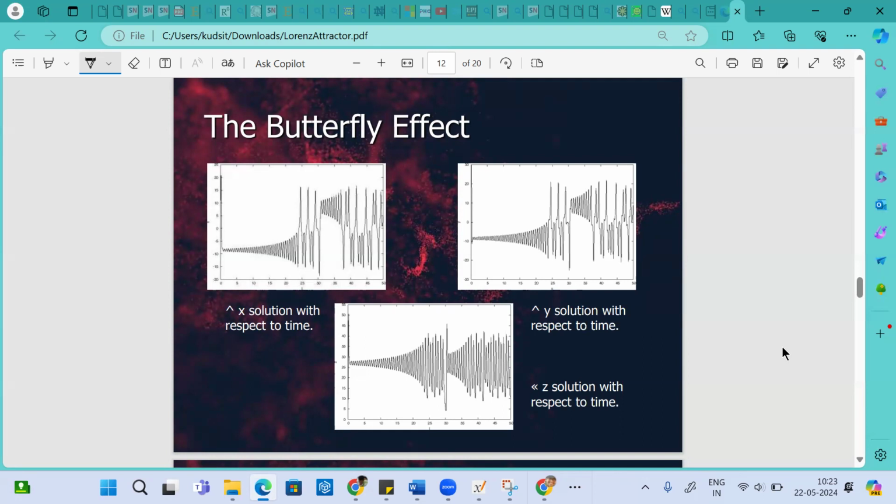We can't predict exactly. That's why we can predict the weather for only 5 to 9 days with some accuracy. After that, we can't predict weather certainly. The predictions come with high uncertainties. Next.